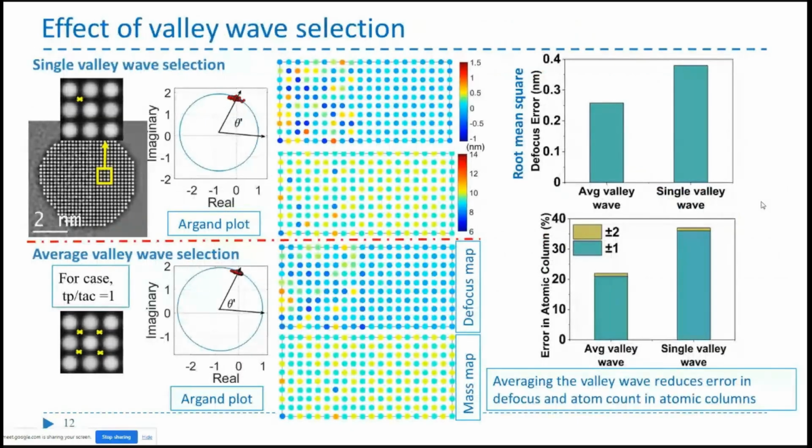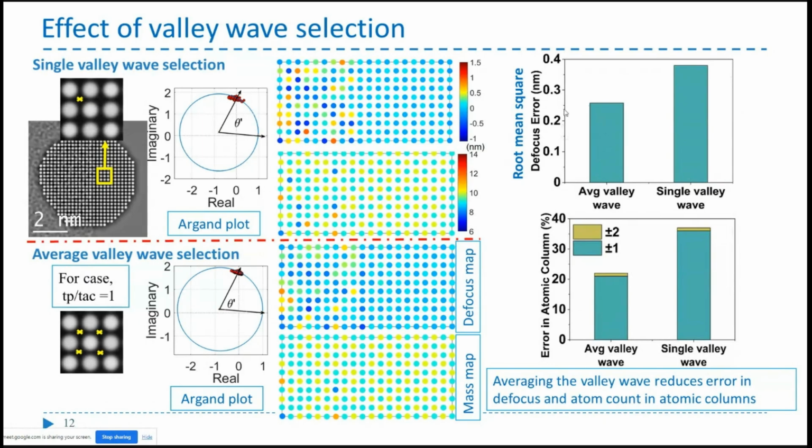Now the same thing, single exit wave selection versus average exit wave selection. This is the defocus map, and this is the atom count or mass map. And now, if we see the defocus error with the average exit wave, it's very low, but with the single exit wave it's quite more.